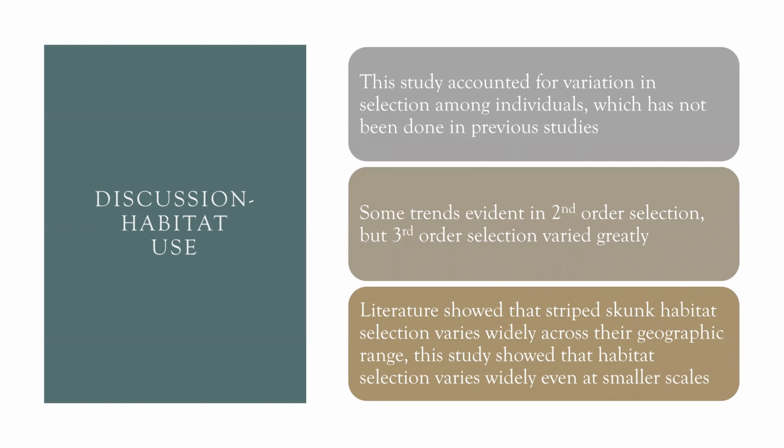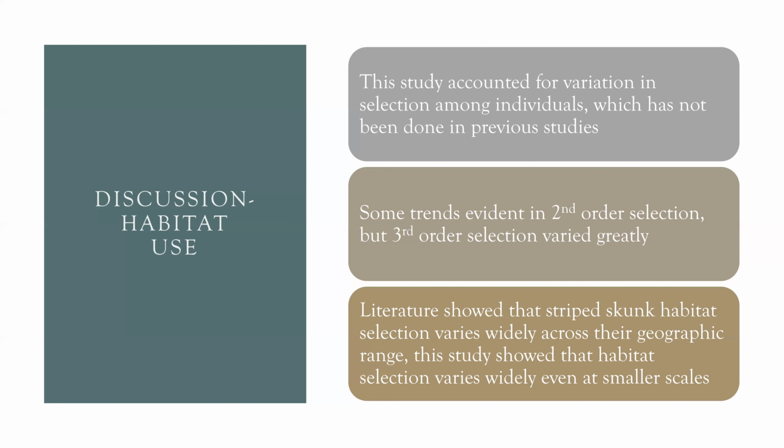As far as habitat use goes, this study accounted for variation in selection among individuals, which is unique and hasn't been done in previous studies, but I think is a really important and exciting way to assess habitats, especially with generalist species that aren't all necessarily going to act the same way. We saw some trends evident with that second order home range selection, but third order selection really varied a whole lot, and trends were not really easily detected.